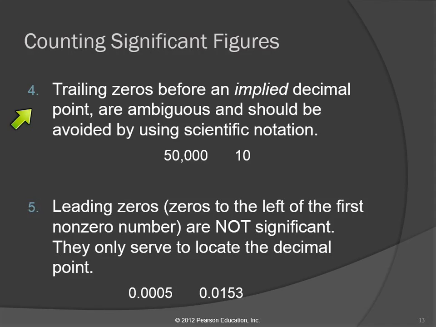So, trailing zeros where there is an implied decimal point. It's not specifically written. If we look at this number, 50,000, is there a written decimal point in the number? No. Do we know where the decimal point would be? Sure we do. It's after the last zero, but they didn't write the decimal point.